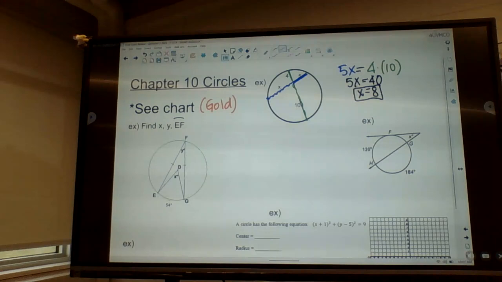Now the little orange one, I don't know what it is right now, but I can find it because I know all the way around this way is 184. This is 120. So the little orange part is whatever is left over if I take that away from 360. So I'm going to do 360 minus 184, and I find out FG is 56. That's this little arc here.